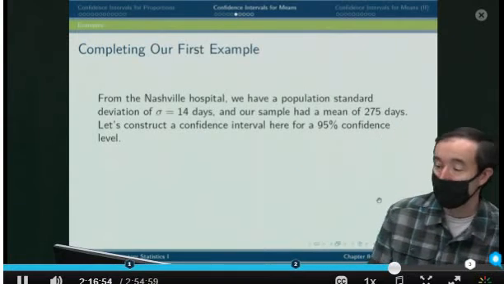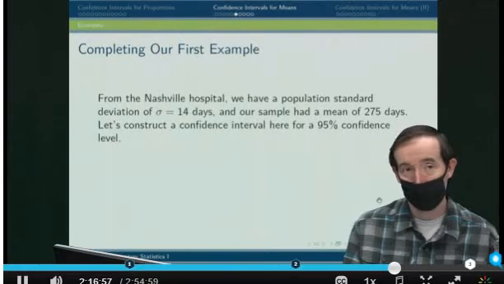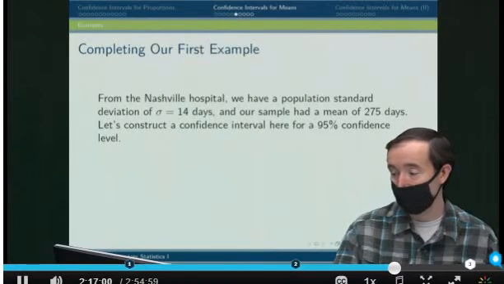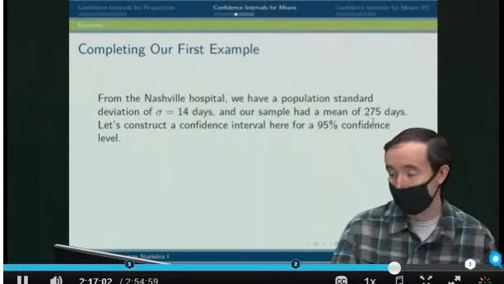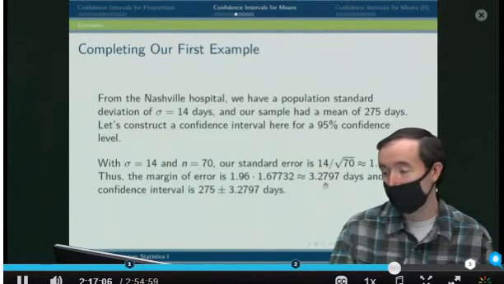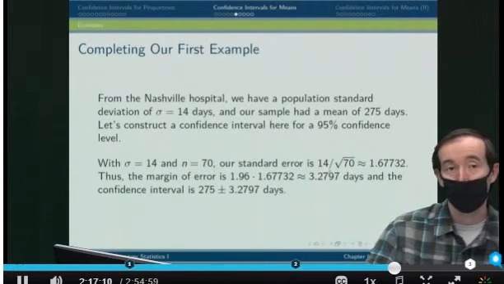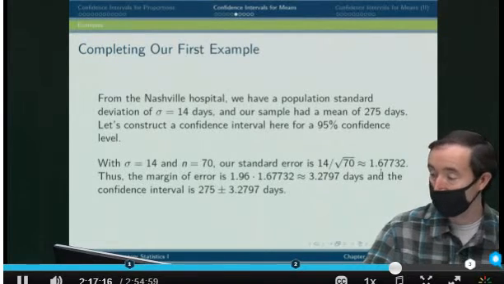Well, I already showed you how to do this example. With a 95% confidence level, if I use sigma equals 14 and my sample mean of 275, I can construct the confidence interval by first computing the standard error. 14 over the square root of 70, that's sigma over the square root of n. It comes out to about 1.677.